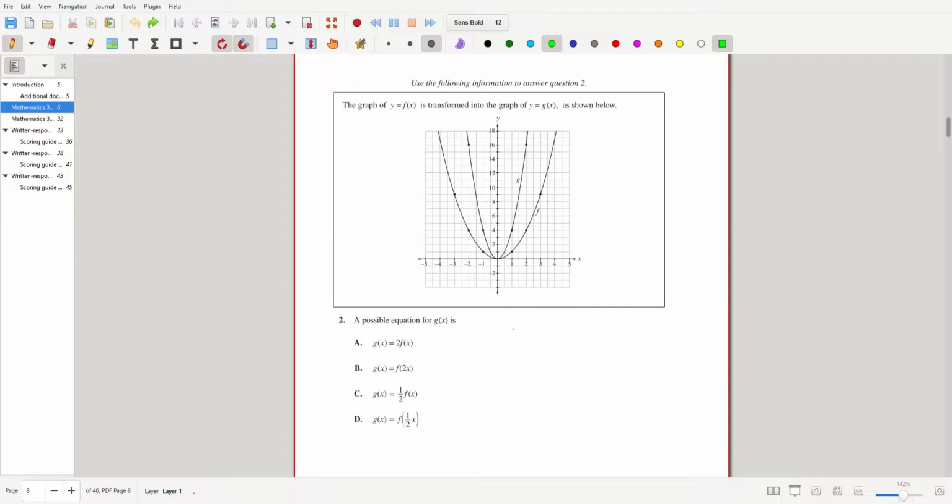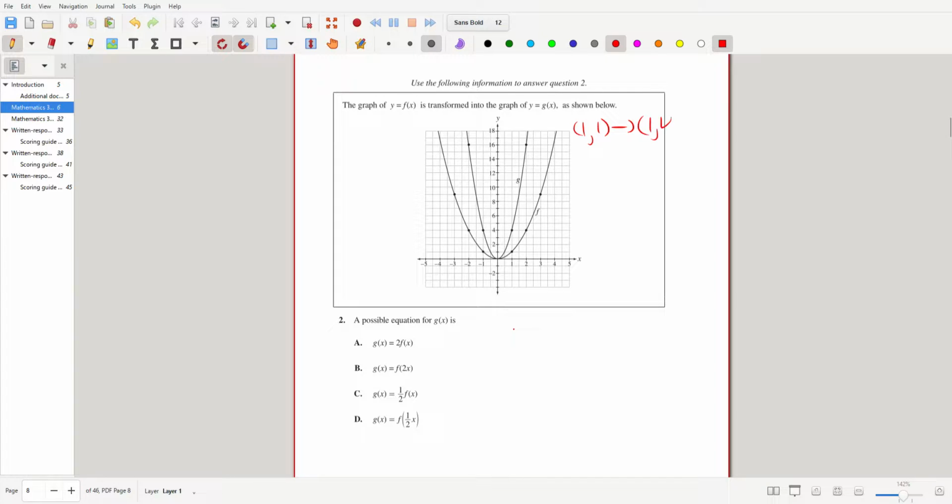Okay, so I am going to do the long algebraic way. What I'm first going to do is plot the transformed points for f of x to g of x. So for f of x, we see it is (1, 1), and this is transformed to (1, 4) for g of x.